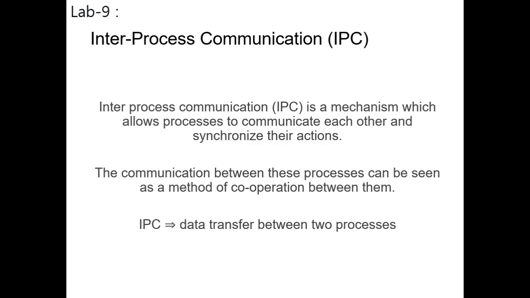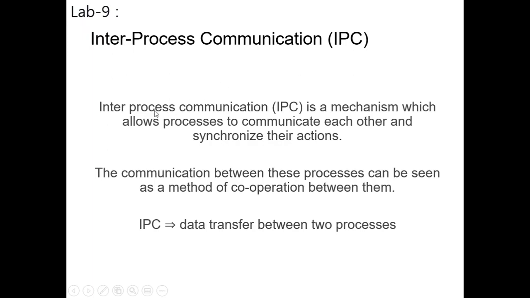The public chat that I have shown in the previous videos in lab 9 would be possible this way: one client sends a message, one child process on the server side receives it, and it broadcasts that message to all processes so that the message is transferred to all clients at a time. And that was made possible by inter-process communication.